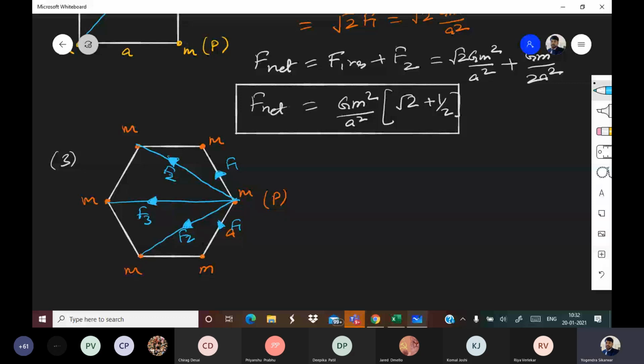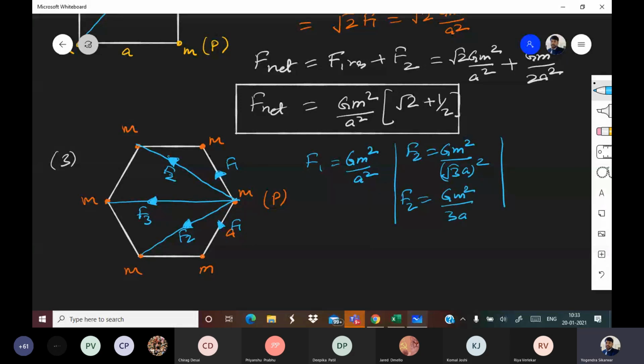So let us talk about F1 and F2 and F3 first. F1 is how much? G M square upon A square. F2 is how much? G M square upon root 3A whole square, and that becomes G M square upon 3A square.